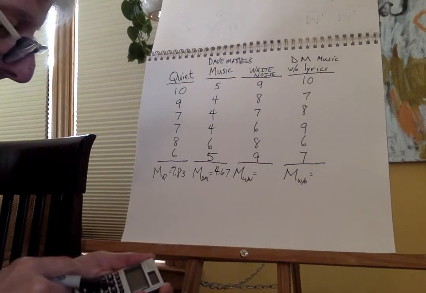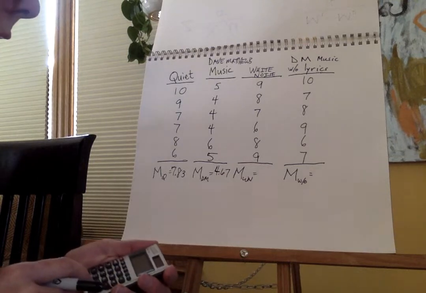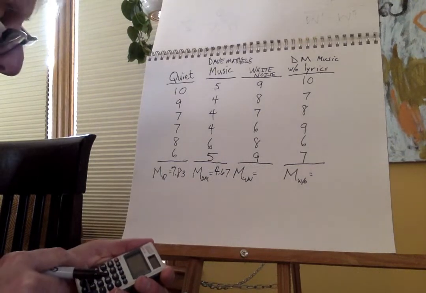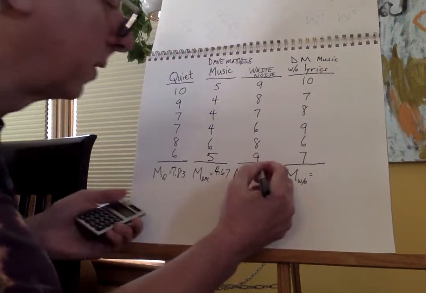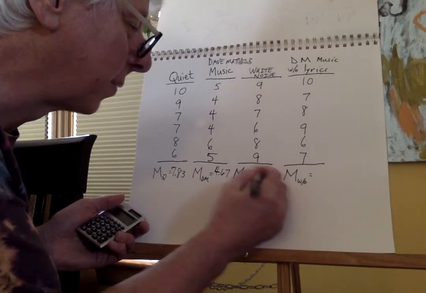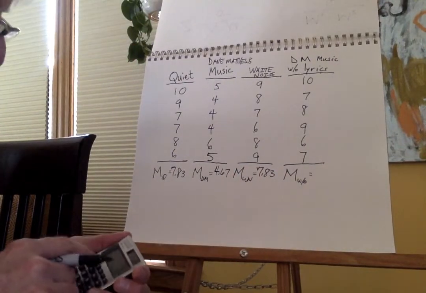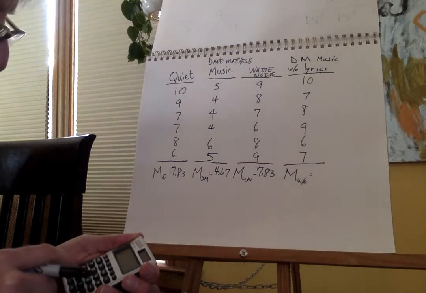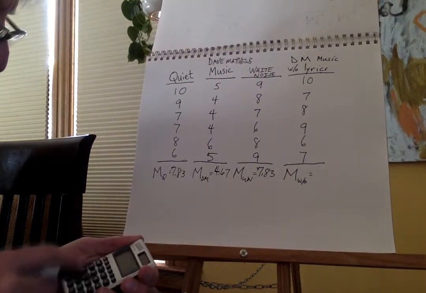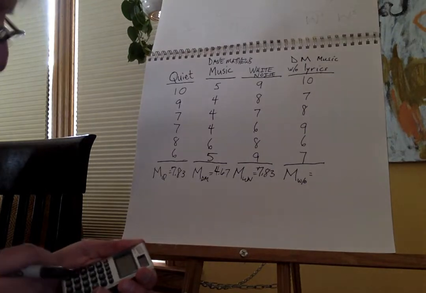And we have 17 plus 13 plus 17 equals, divided by 6. So, this is 7.83 as well, okay? And then 10 plus 15 plus 4 plus 15 plus 7 equals, divided by 6.